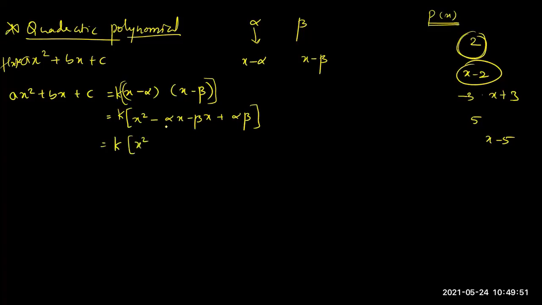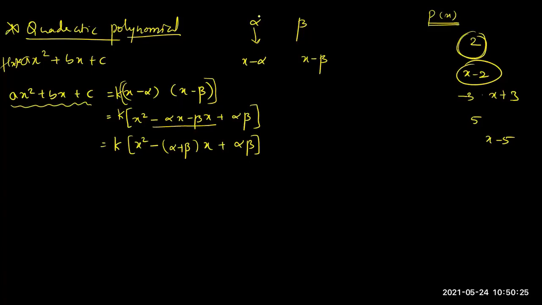Here minus is there in these two terms and x is common, so I take minus and x outside: x square minus x into bracket alpha plus beta plus alpha beta. Is it clear? One more time, please. K is a constant; I will let you know what it is. So ax square plus bx plus c is one polynomial.